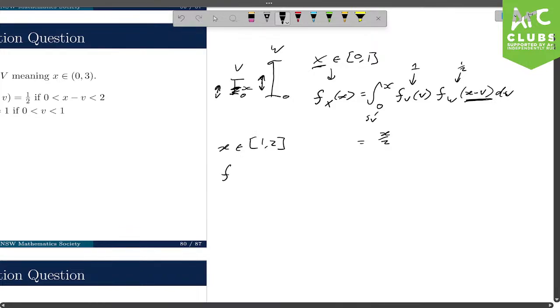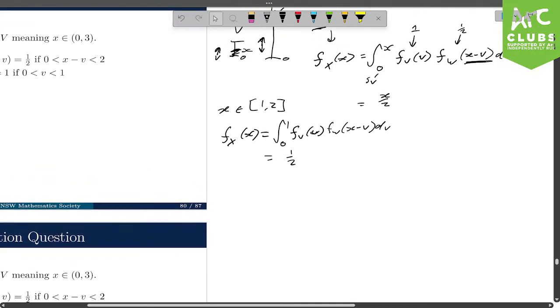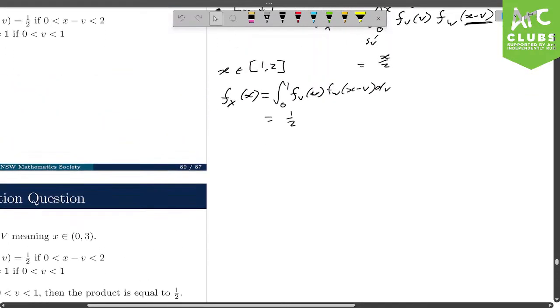So for this one, we get f of x is equal to the integral from 0 to 1 of f of v, f of w, x minus v, dv, which is just going to be a half, because we sub in appropriately. But then the tricky bit becomes, what if x is an element from 2 to 3?